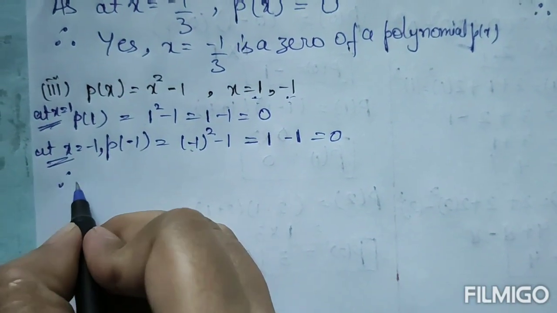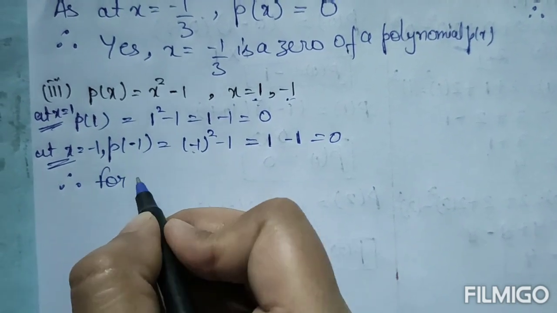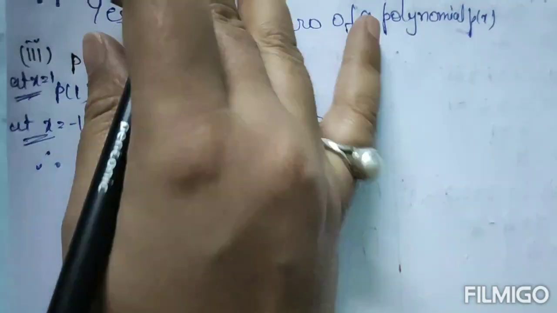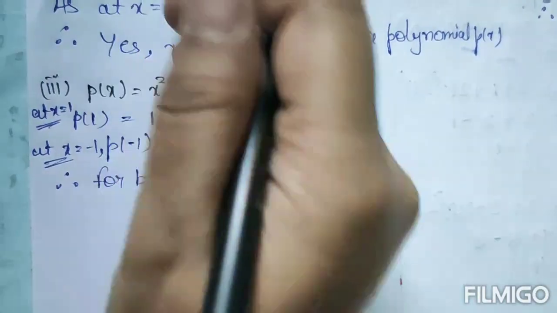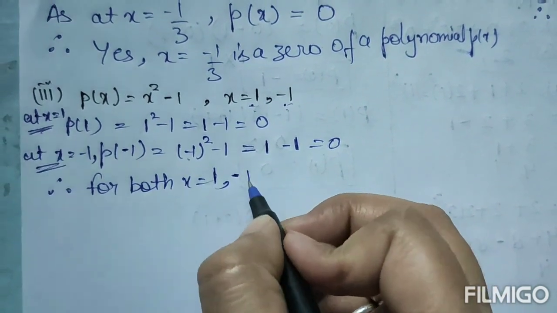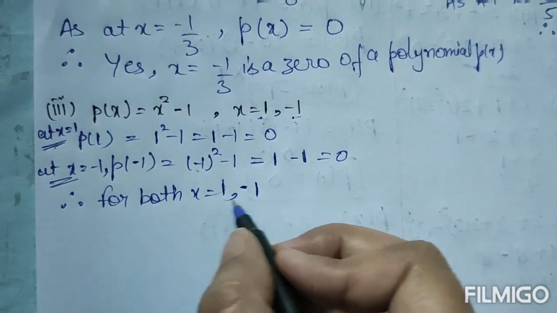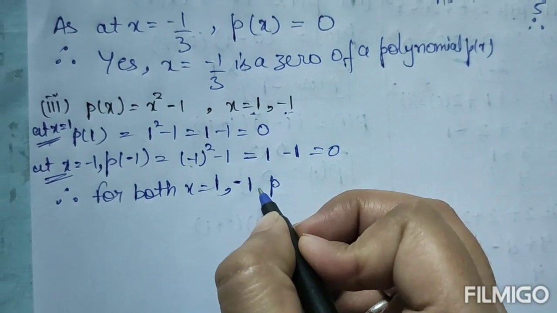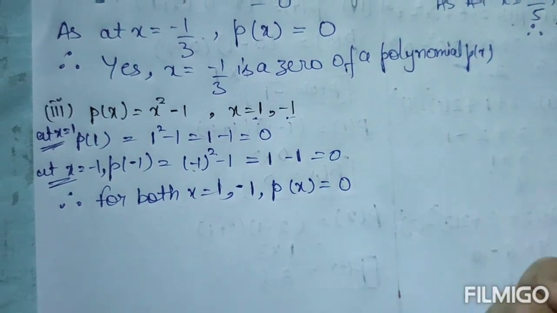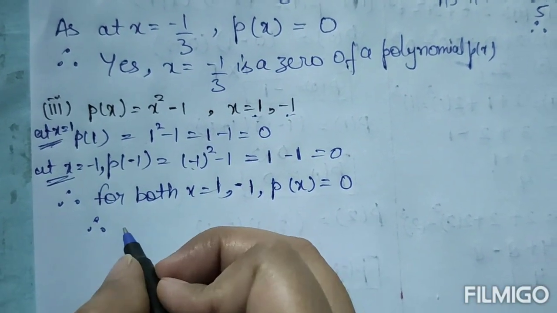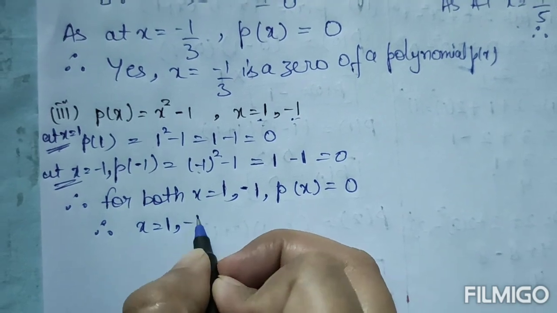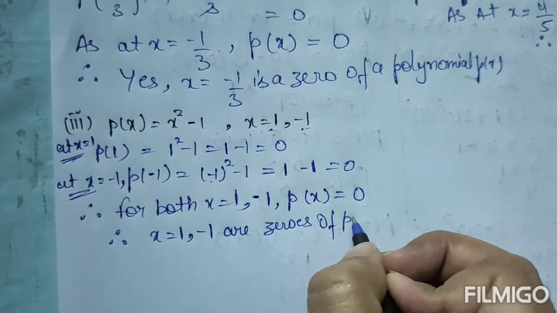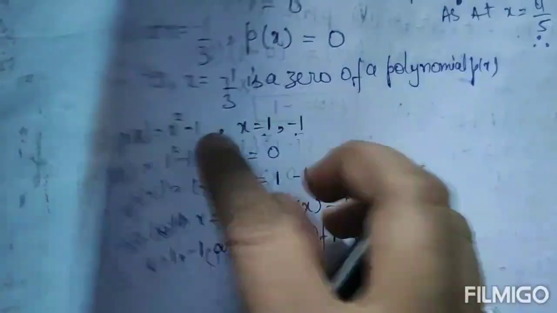So therefore, for both x equal to 1 and minus 1, p(x) is 0. Therefore, x equal to 1 and minus 1 are zeros of the polynomial. What polynomial?